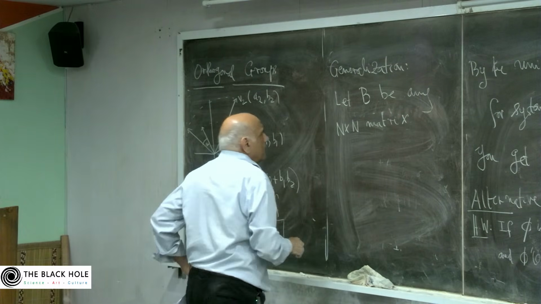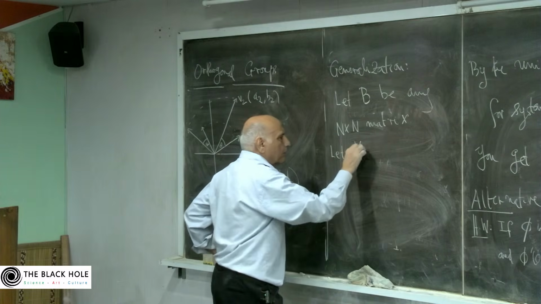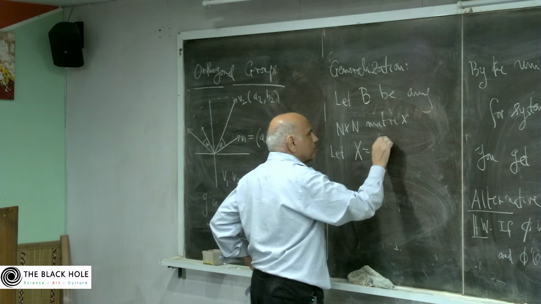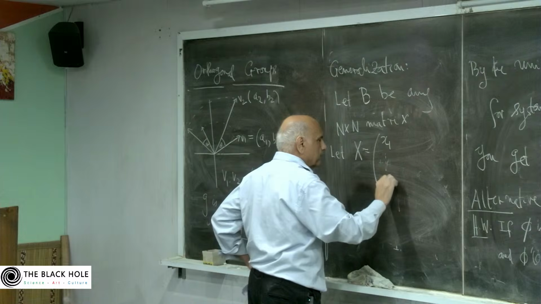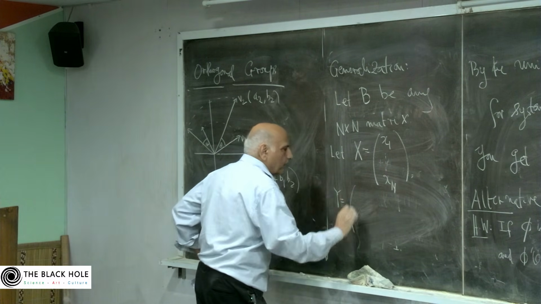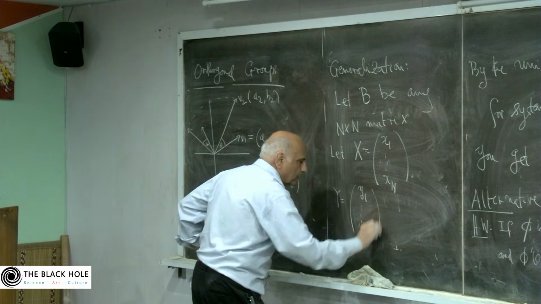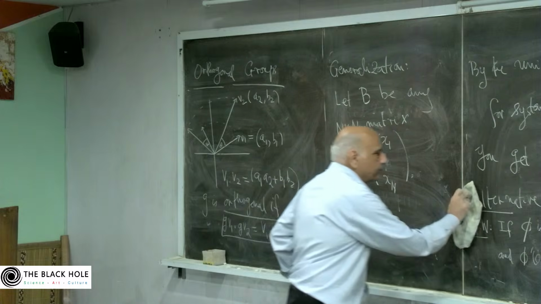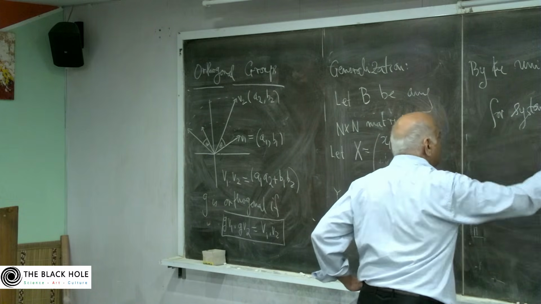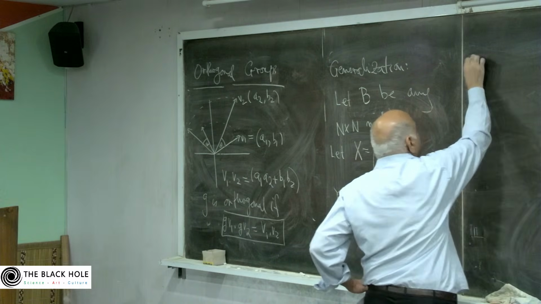Let x be a vector in Rn with components x1 through xn, and y be likewise.